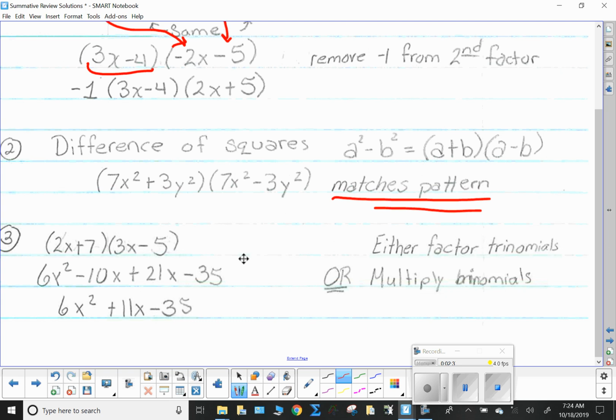Basically, for this, what you would do is you would go through and either factor the two trinomials or multiply out all the binomials. Those are your two processes. So for what I did, when I multiplied this one together, I wound up with the trinomial, sorry. This binomial pair made this trinomial.